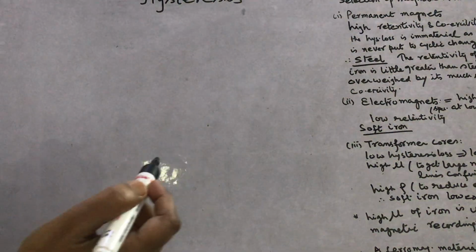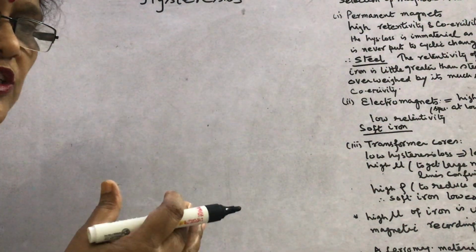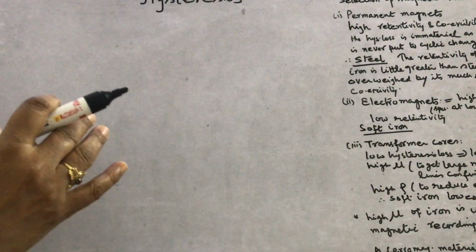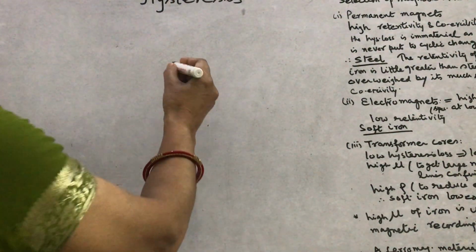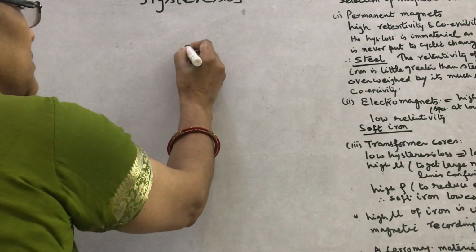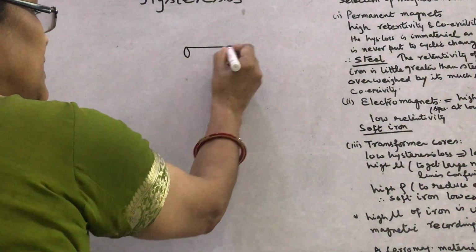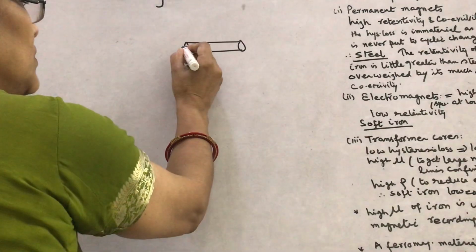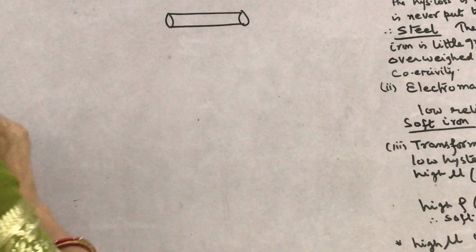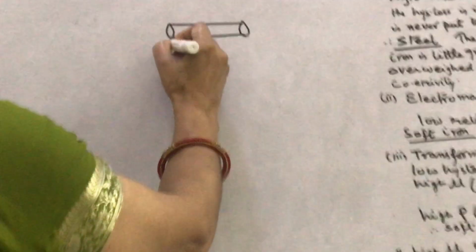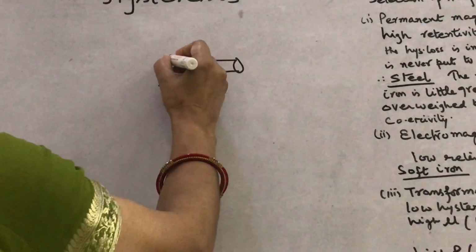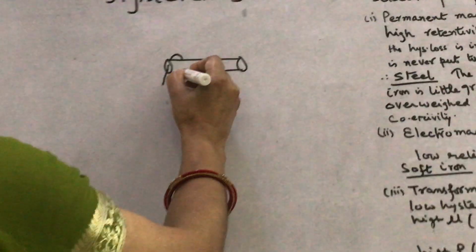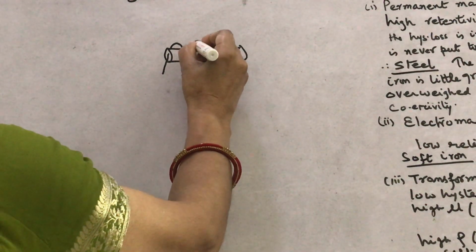How will we study about hysteresis? We will consider a ferromagnetic rod. Suppose a rod of ferromagnetic material is placed in a hollow space of a solenoid, the current carrying coil.